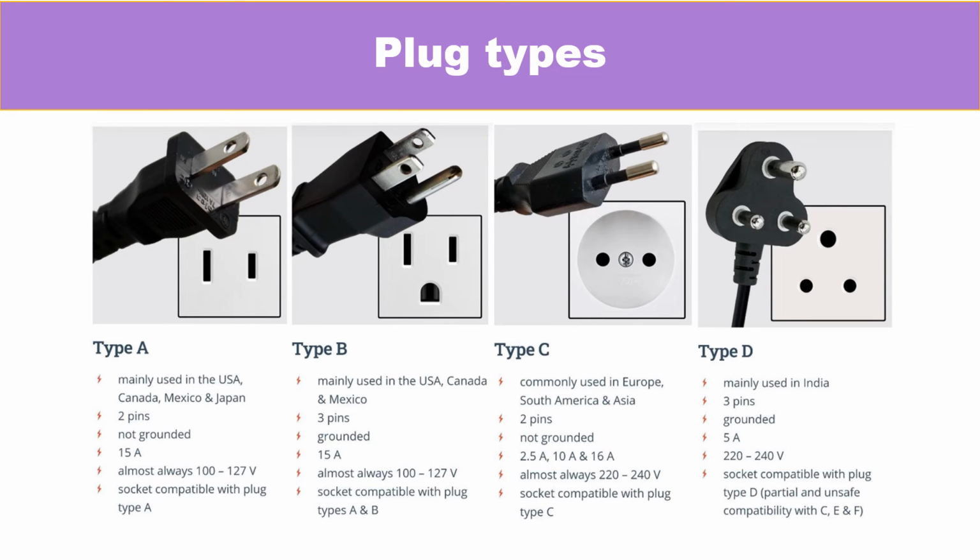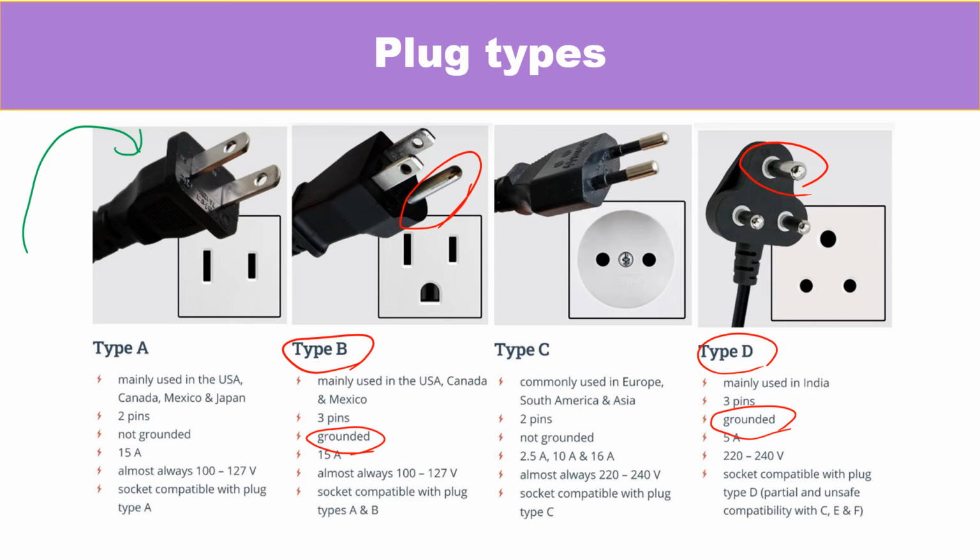So we talk about plug types. Let's think about which one has a grounding feature in here. Right now I can see that type B and type D have a grounding situation because of this third prong, and you can double check for grounded, something like that. The one thing that you need to be careful about in Canada is, like I said, this type, because first of all, look at the amperage.